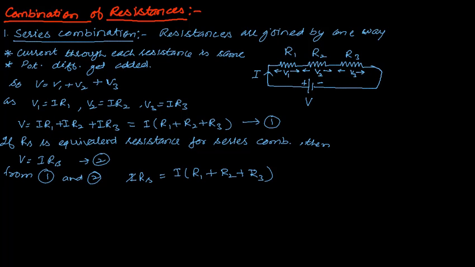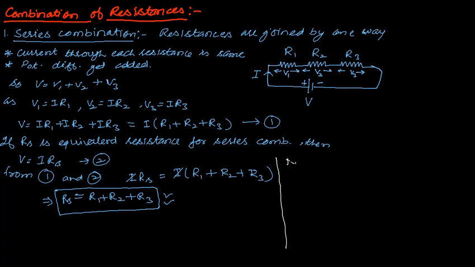Cancelling I on both sides, RS is equal to R1 plus R2 plus R3. That is, series resistance is the addition of the three resistances R1, R2 and R3. So in case of series combination, all resistances get added.